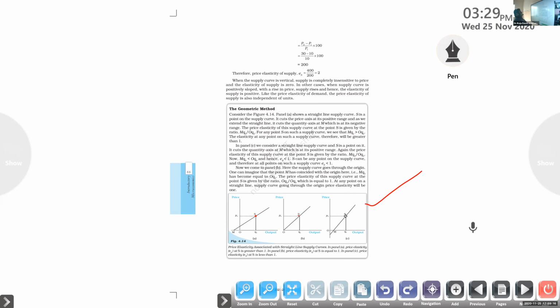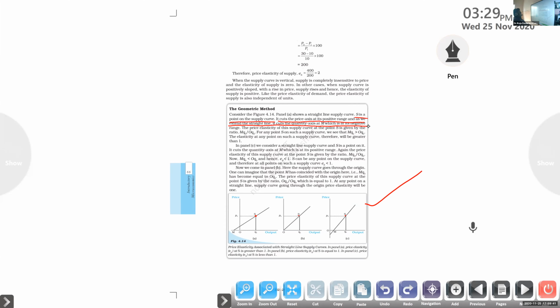So it cuts the price axis at its positive range. S is a point on the supply curve. It cuts the price axis at its positive range, and as we extend the straight line, it cuts the quantity axis at M, which is in the negative range.